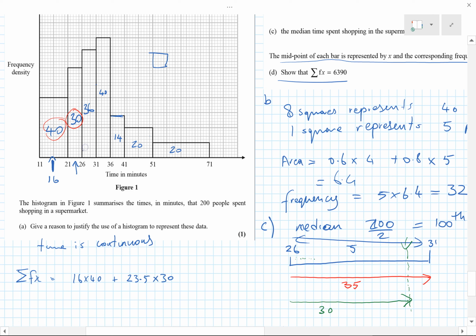Okay, so we'll blow those bits out as well. The midpoint of this, 26 plus 31 divided by 2, which is 28.5, times 36, plus the midpoint of this one, 36 plus 31 divided by 2, which is 33.5, times 40.